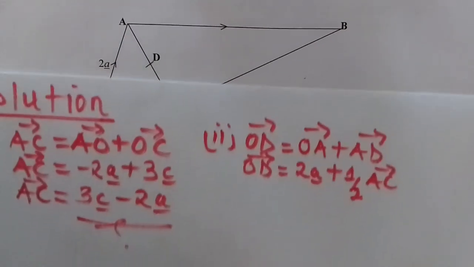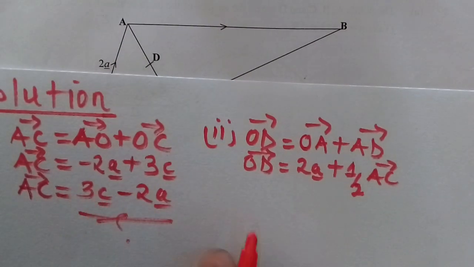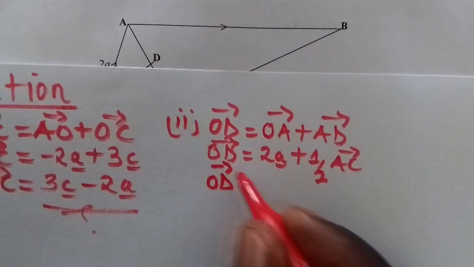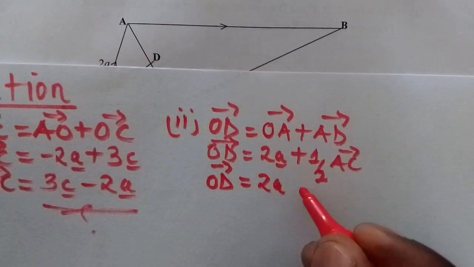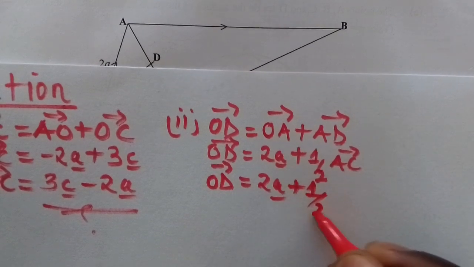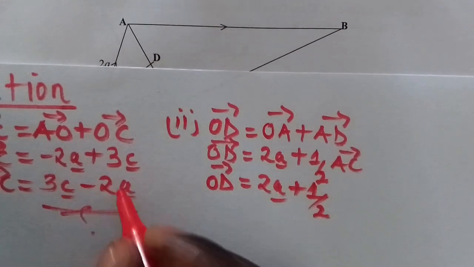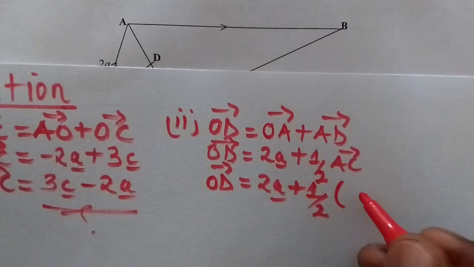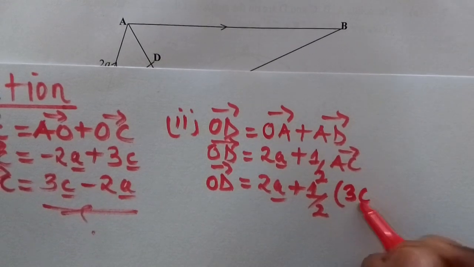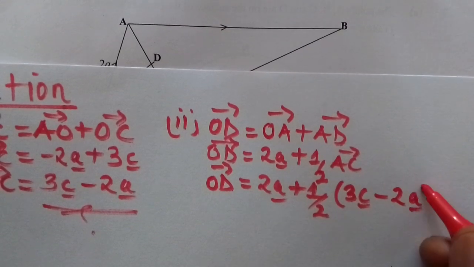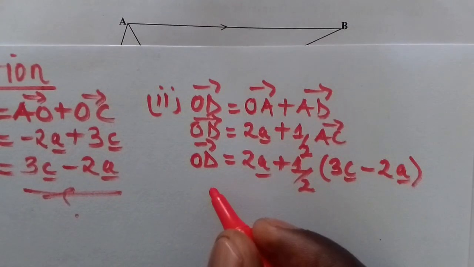What is half of AC vector? Remember AC vector, we got it here. So what we'll just do is the following. OD vector is equal to 2a vector plus 1 over 2 of AC, which is 3c vector minus 2a vector. So open bracket, 3c vector minus 2a vector. So what does this give us?